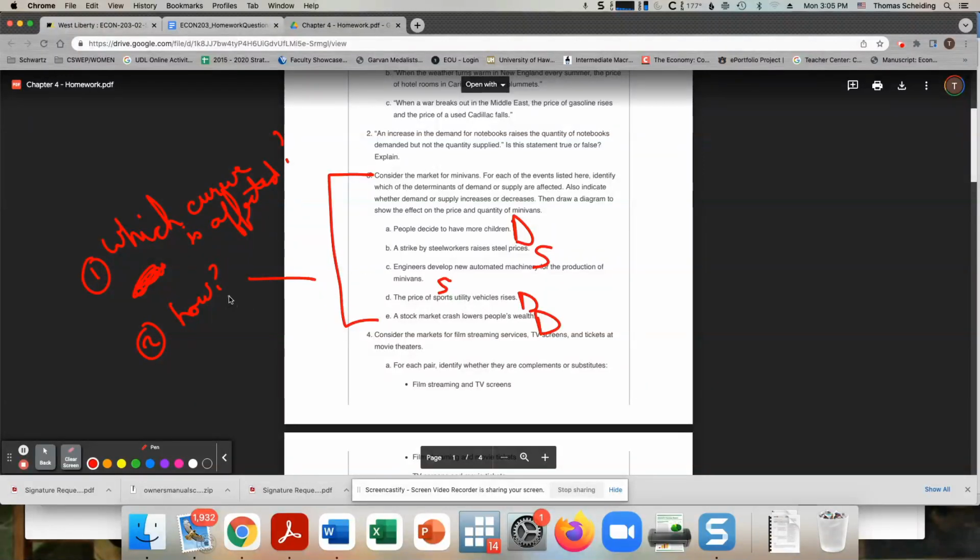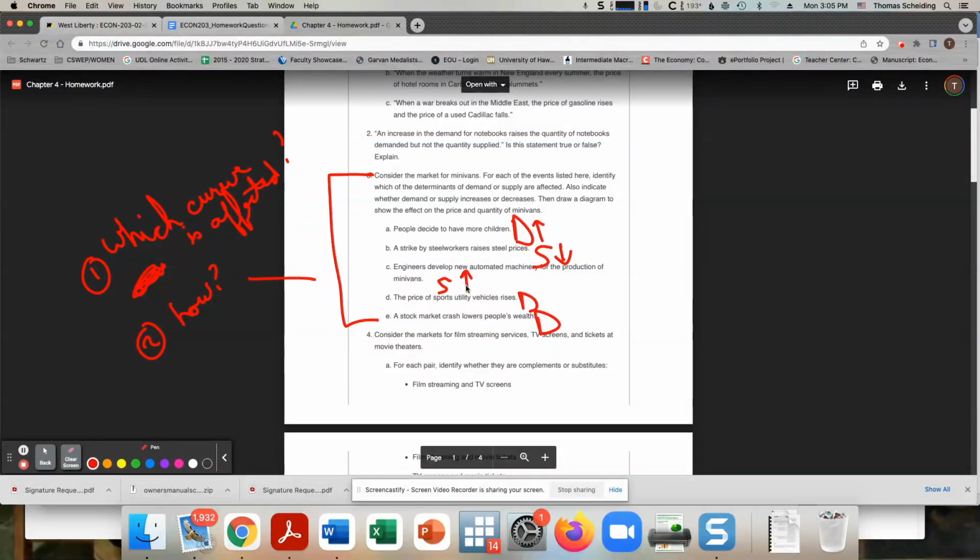And then we ask ourselves, how is it affected? If people decide to have more children, demand would go up. If we have a strike by steelworkers, that would generally mean that supply is going down. New automated machinery makes your workers more productive.